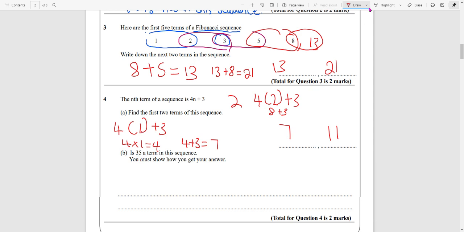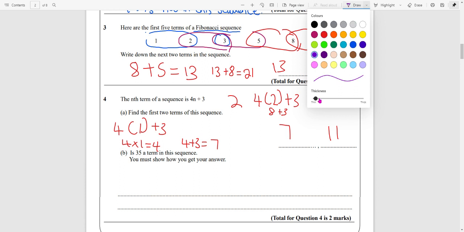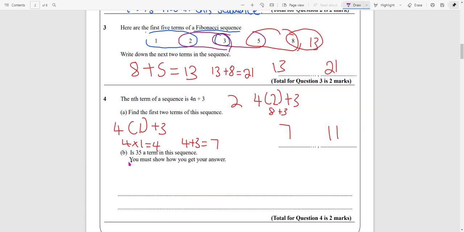So we're going to do 4n plus 3 equals 35. Now, we're going to minus 3 from both sides. 4n is equal to 32. n is equal to, we're going to divide by 4 on both sides, that's going to be 8.